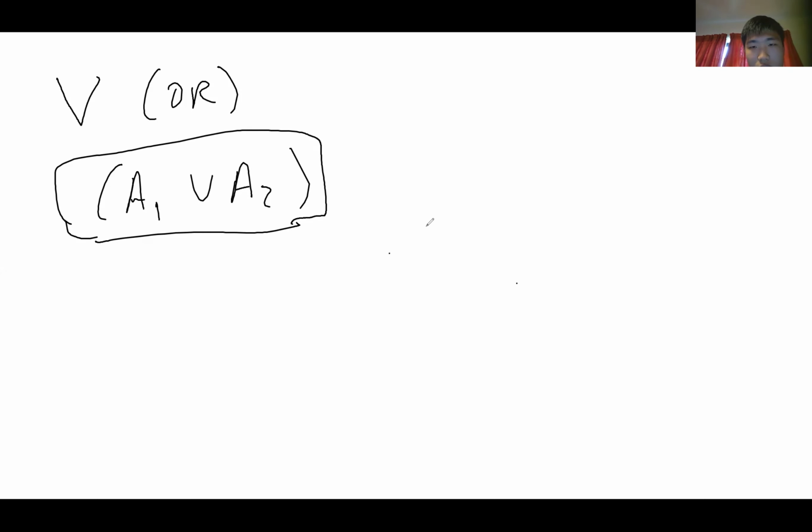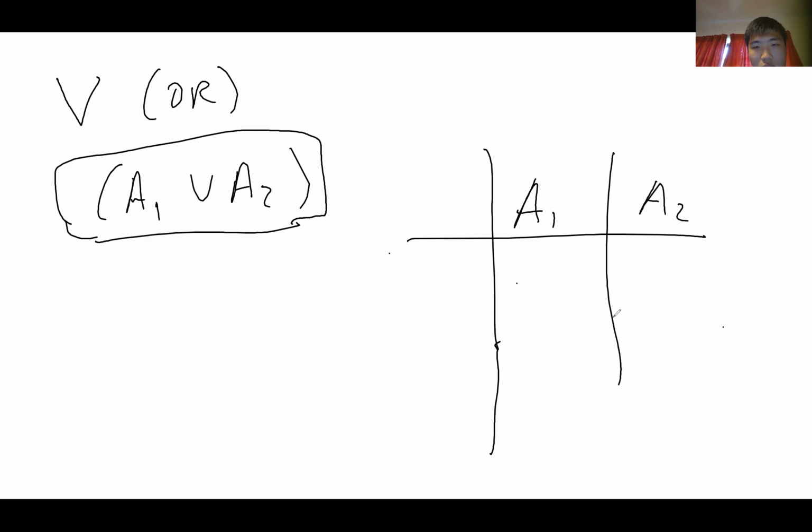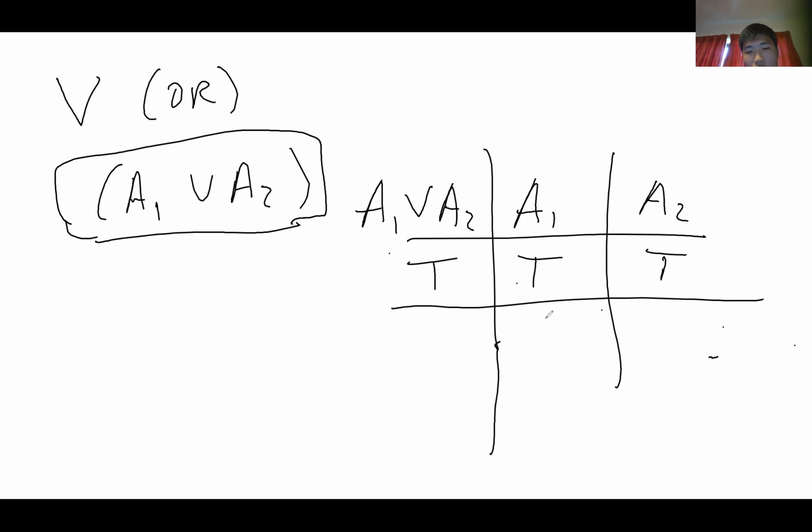Okay, maybe this is better if I do this. A1, A2, then A1 or A2. If A1 is true and A2 is true, then A1 or A2 is also true, right? If A1 is true and A2 is false, then A1 or A2 is also true, because one of them is true.